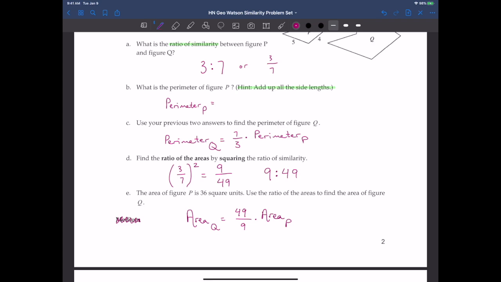And since we want the area of figure Q, we want to know how do we scale the area to go from the area of figure P to the area of figure Q. The way we do that is by multiplying by 49/9, since we know that the ratio of the areas is 9 to 49.